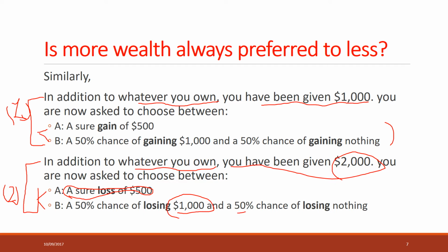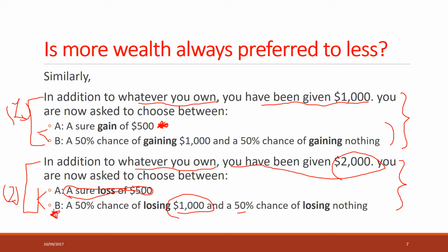However, what the psychologists found was that in the first option, when the investor is presented with this information, they pick option A, right? So they prefer a sure gain of $500. In the second case, when they are presented with this information, they don't pick option A, they pick option B, right?